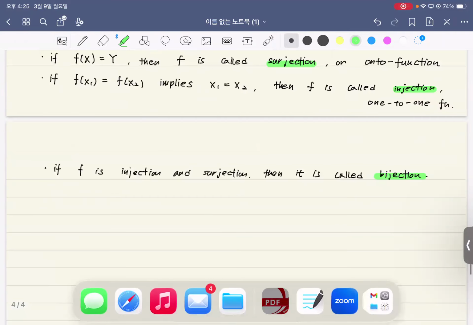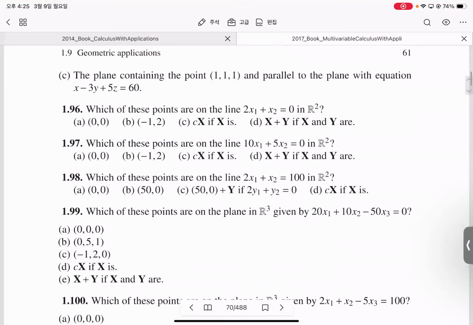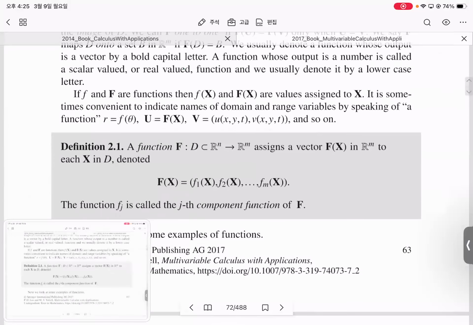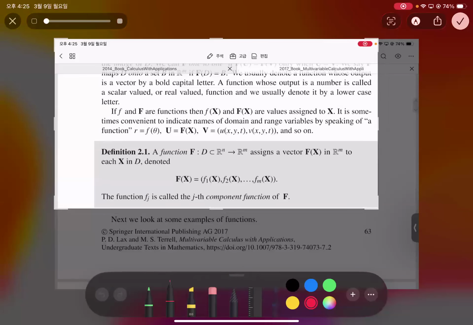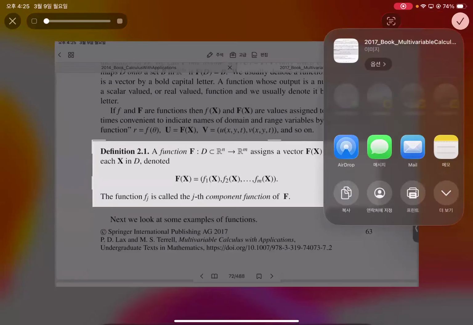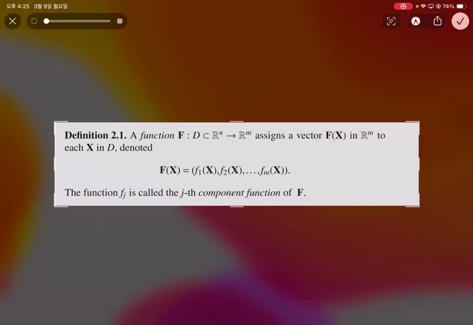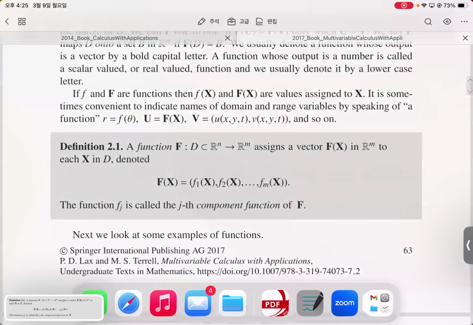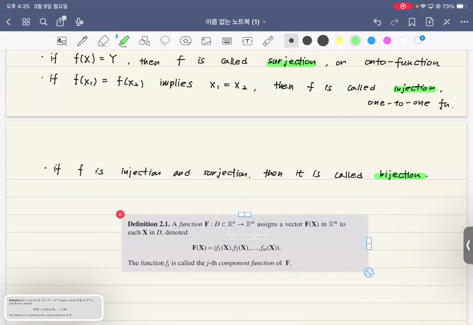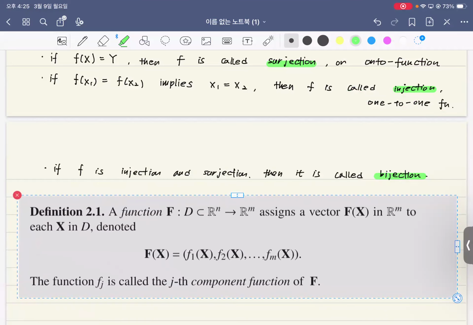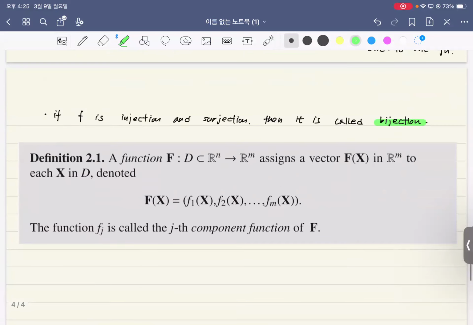Okay, that is that. But for the purpose of our course, we will be mainly interested in functions whose domain and codomain are subsets of n- or m-dimensional vector spaces.